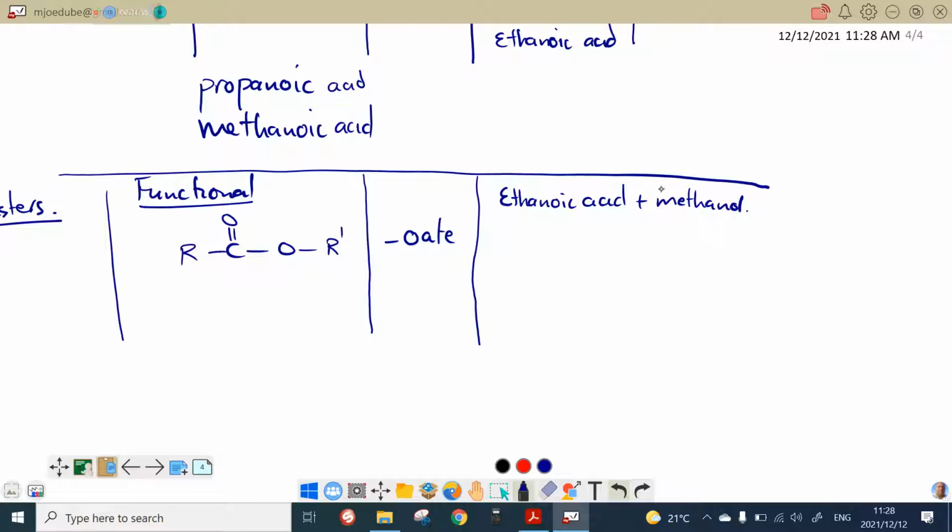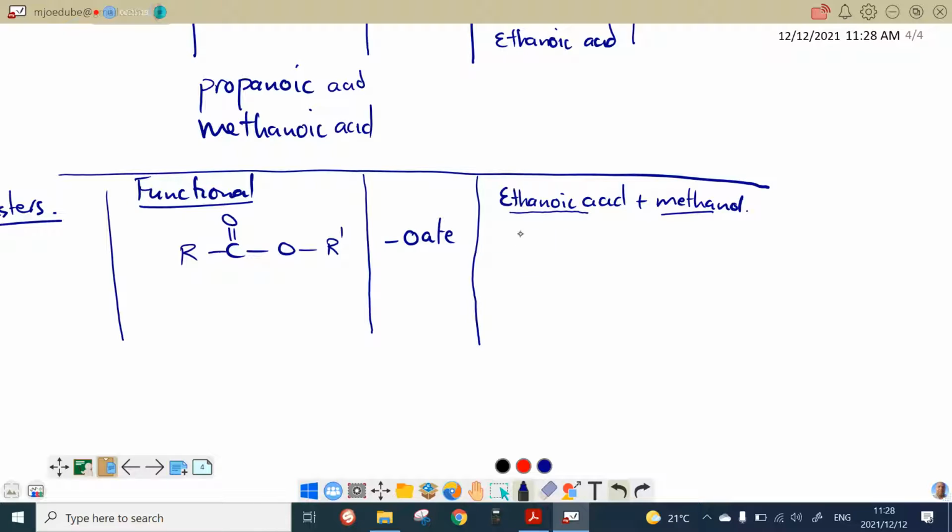When you name the ester, the first part of the name comes from the alcohol, and that becomes an alkyl, a radical, so it becomes methyl, and then the rest of the name comes from the carboxylic acid.